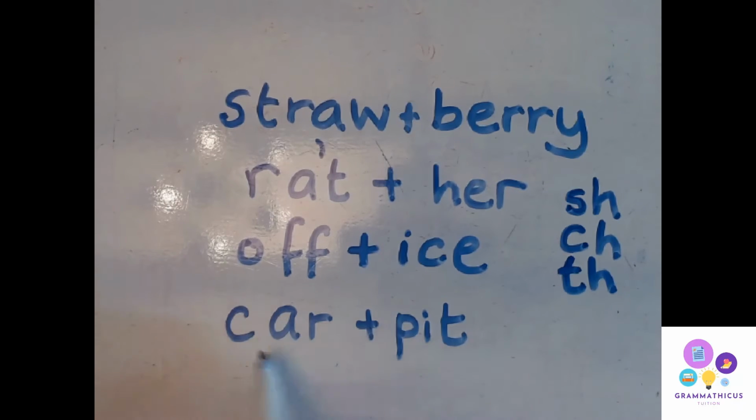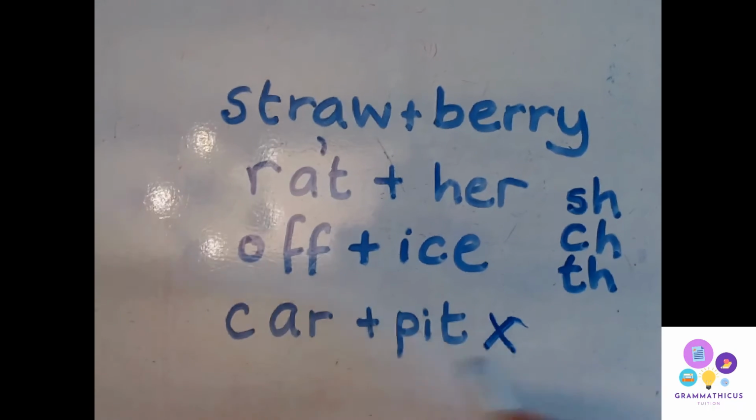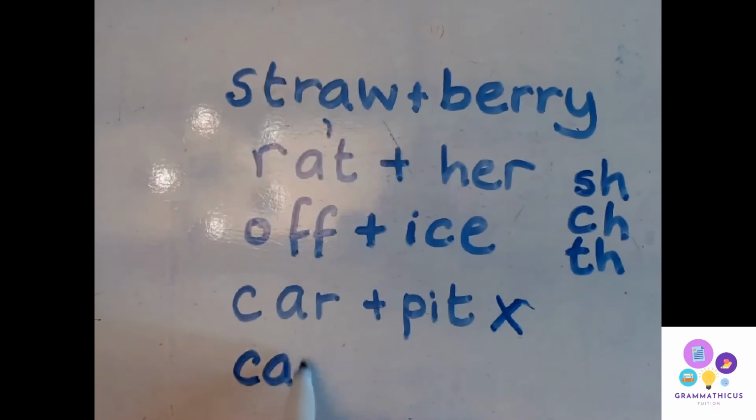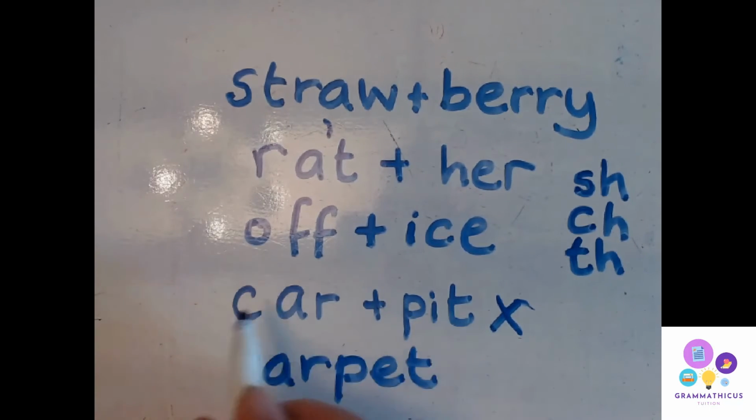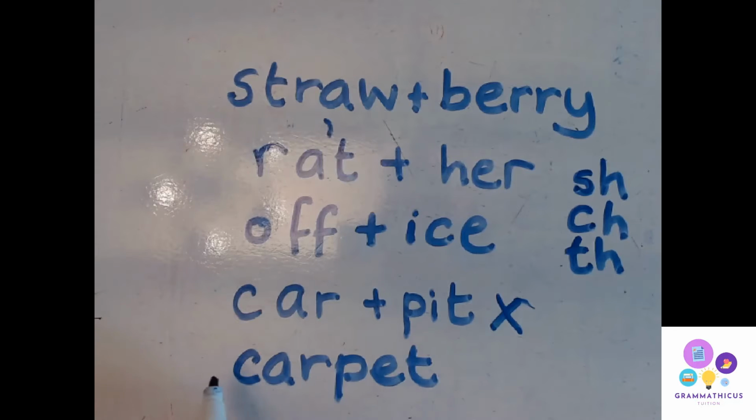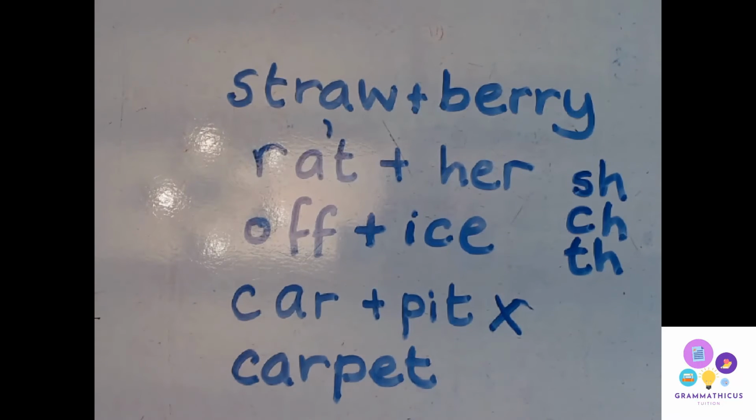But carpet isn't spelt like this. Carpet is spelt car-pet. So even though a word sounds correct, we often need to check that it's spelt correctly, because this is a good way that they check your spelling skills as well. So do be careful and make sure that words are spelt correctly.